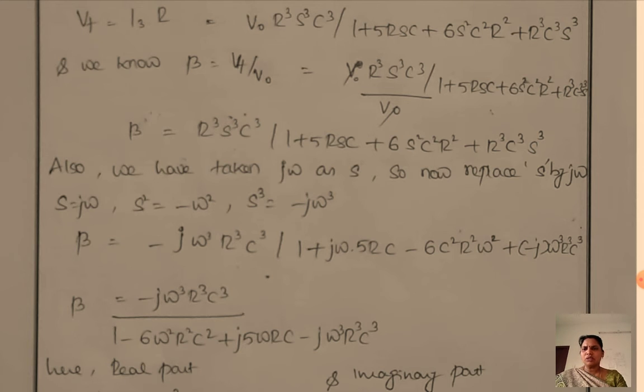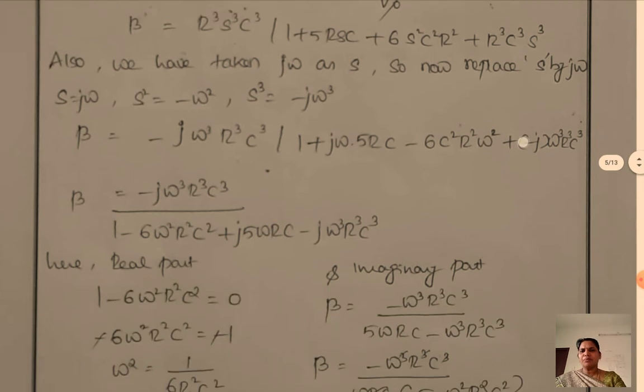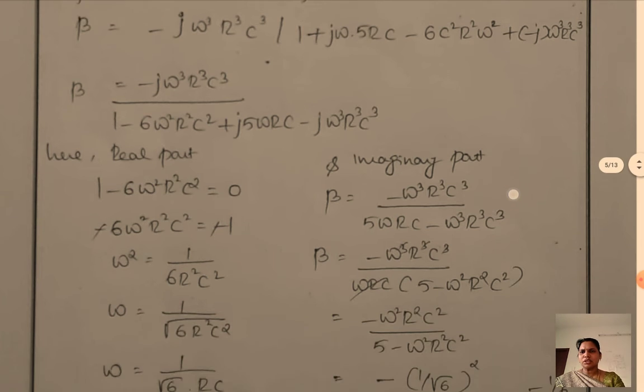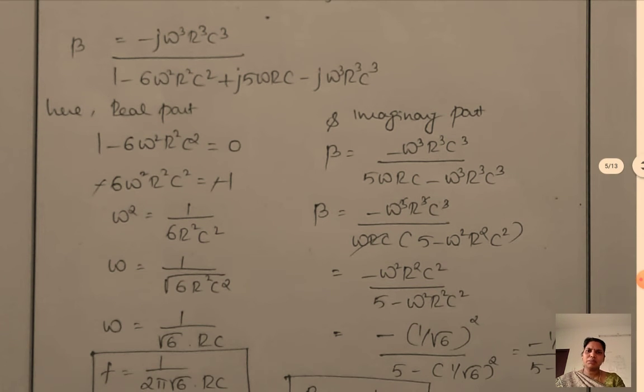So wherever you have S square and S cube in beta, it is replaced with this. So you get the equation for beta as minus j omega cube R cube C cube divided by 1 minus 6 omega square R square C square plus j 5 omega RC minus j omega cube R cube C cube.